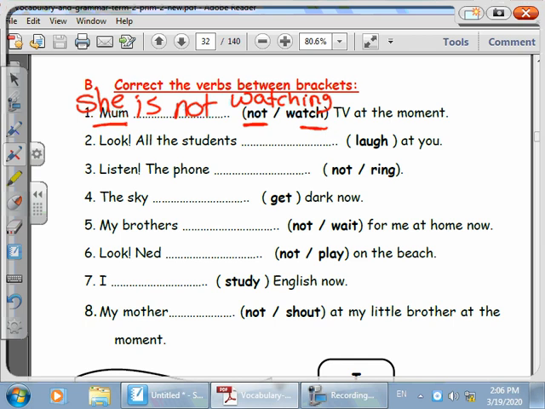Number 2, look. Don't forget to underline or circle or highlight the keyword. Look, all the students laugh. Students, plural, so I will use are. Look, all the students are what? Laughing. All the students are laughing at you. Very well. This is how to correct the verbs in this exercise.